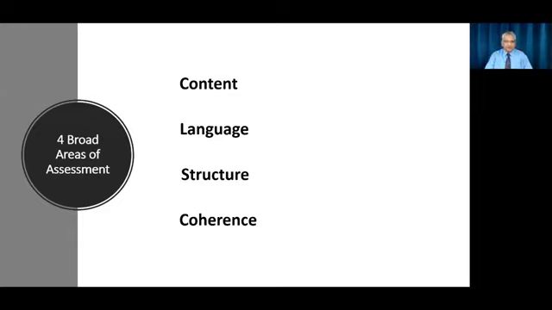Since it's a thesis essay, CSS essay, 2,500 to 3,000 words, 3 hours to be written in the exam settings, the content as such is given 40% weightage, language 25%, structure 20%, and coherence 15%.